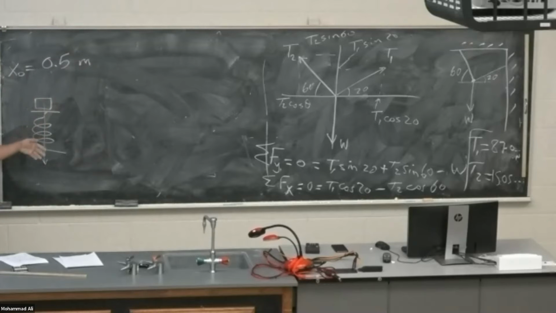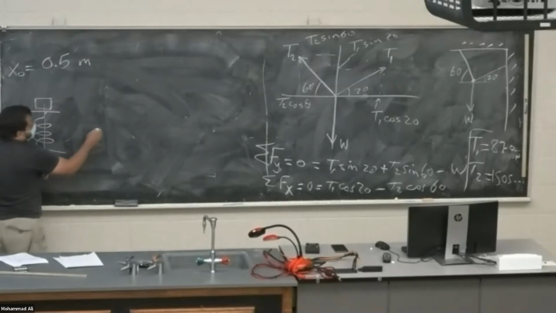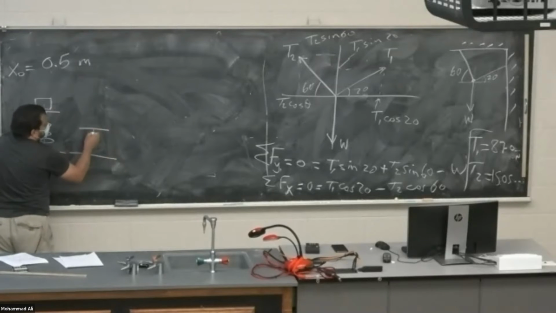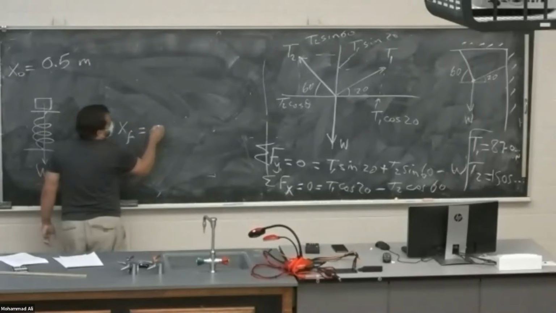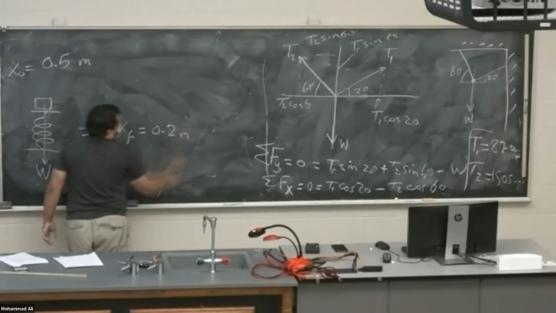The effect of this mass is pushing the spring, not pulling it. I will have a decrease in its length because it has a weight downward. Maybe the length of the spring, x final, will be equal to 0.2 meters.